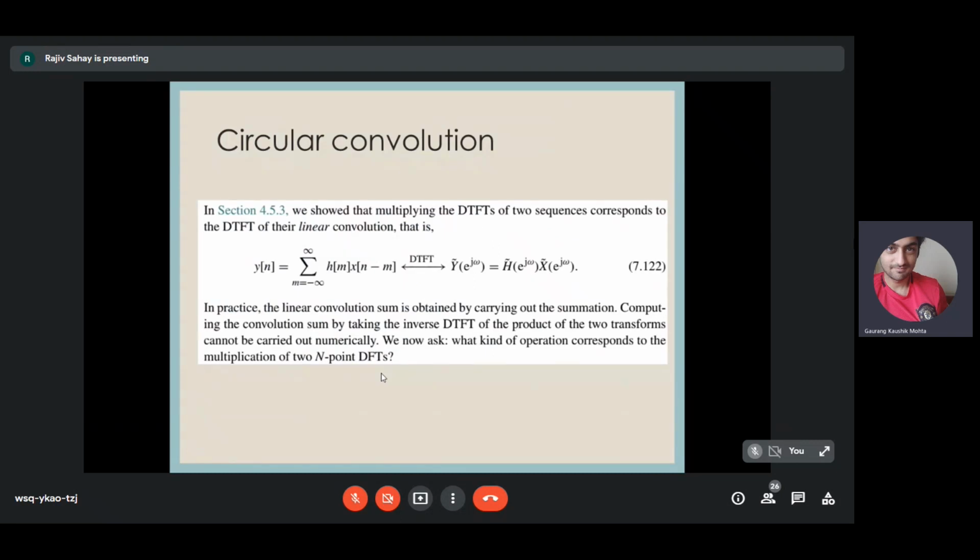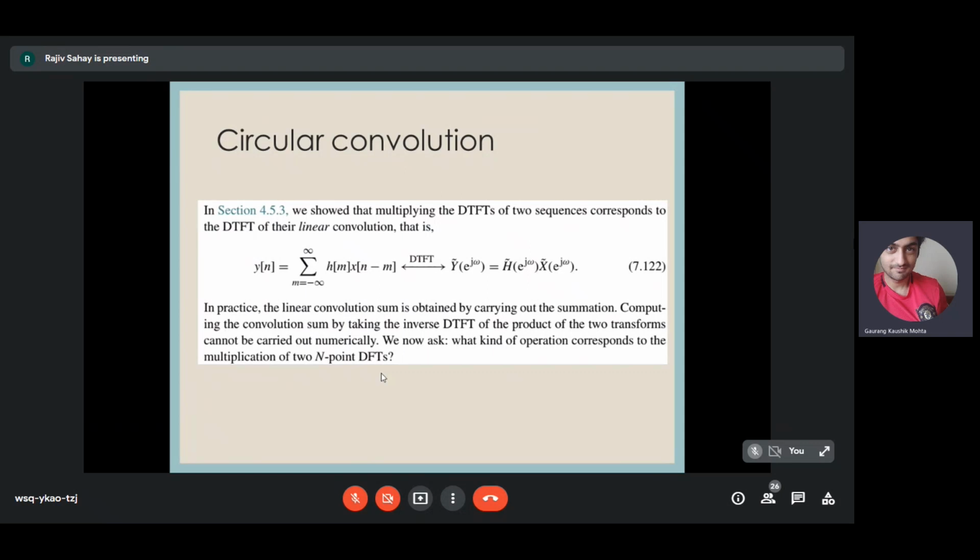So let us come to what is called circular convolution. When you take the product of the DTFT of two sequences, suppose you have a sequence h of n and another sequence x of n, and you find their DTFTs, capital H of e to the power j omega and capital X of e to the power j omega. When you take the product of the DTFTs in the frequency domain, you are actually taking a convolution of the two sequences in the time domain.